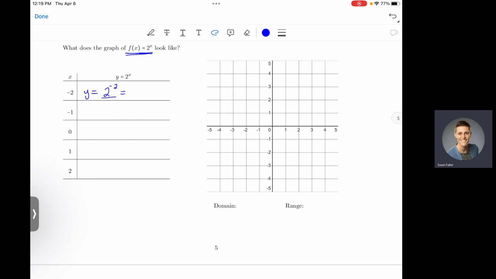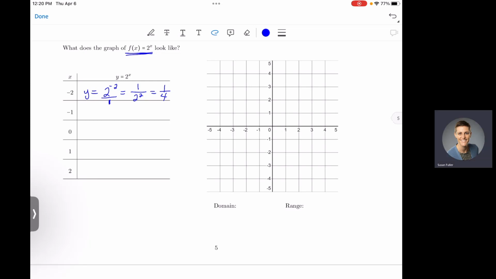Right now, 2 to the -2 is on the top, right? There's an over 1 kind of understood here. So 2 has to move downstairs. When it moves downstairs, the exponent becomes positive and it leaves a 1 behind. And then 2 to the -2 is 1 over 2 to the second power. That is 1/4.